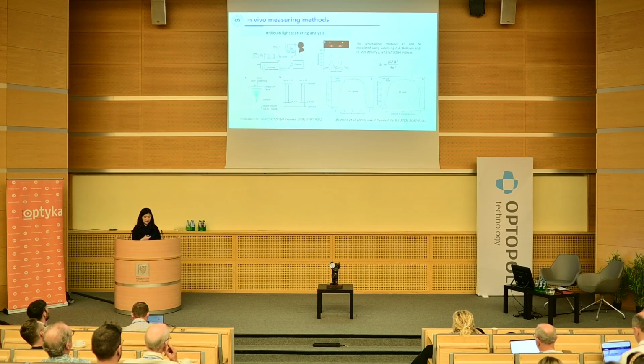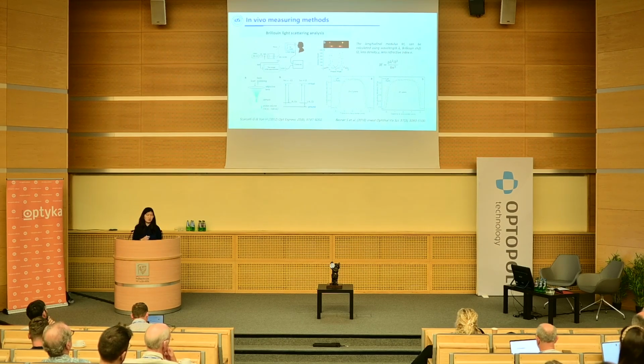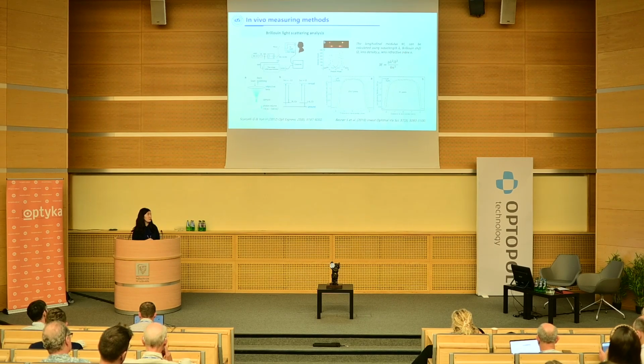The general idea is that when the light ray passes through the sample, it will encounter an upshift and a downshift of its frequency, which is called Stokes and anti-Stokes scattering. This frequency shift contains information on the mechanical properties and can be used to calculate the longitudinal or bulk modulus.